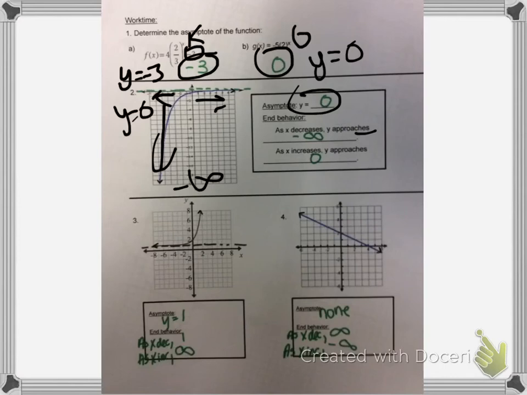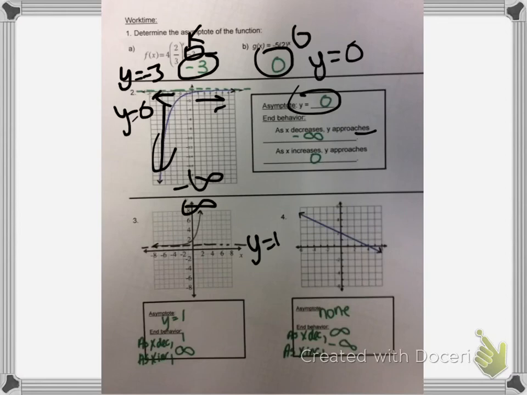Alright, our next one. We see right here that it's crossing at 1, so we know our asymptote is at y equals 1. Put our positive infinity on there.